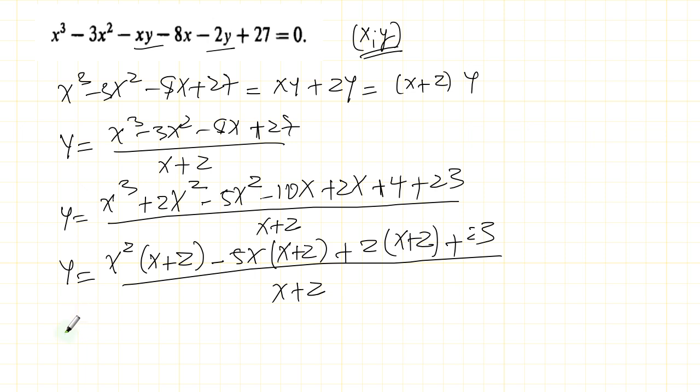If I divide, I'm going to have x squared minus 5x plus 2, and then 23 over x plus 2.